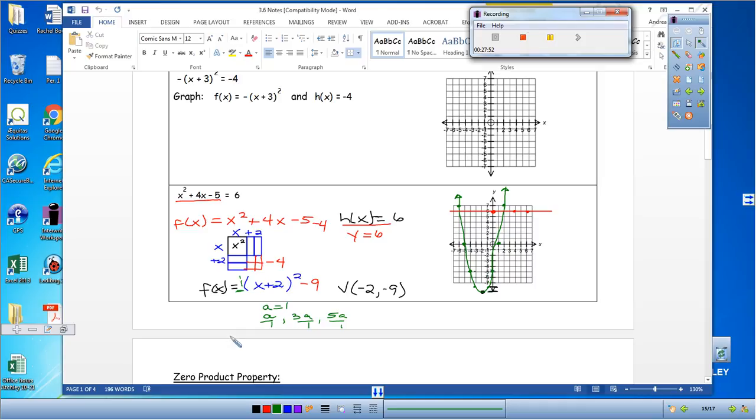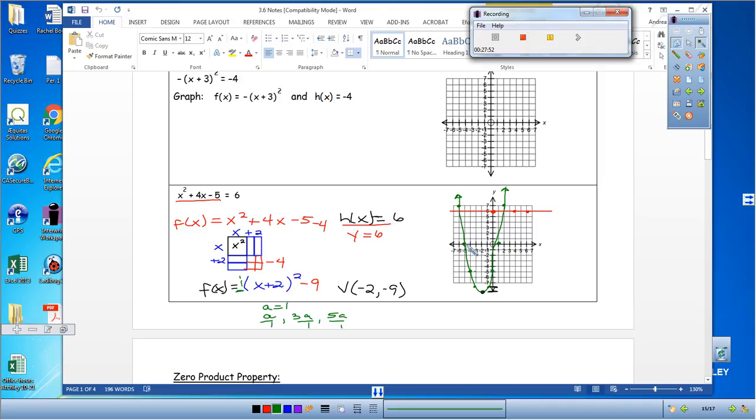It's too hard. So where does it look like it crosses at 6? It's kind of in the middle, right? It's kind of not really on a number. You'd have to estimate it's kind of around between 1 and 2, right? And then -3 and -6.